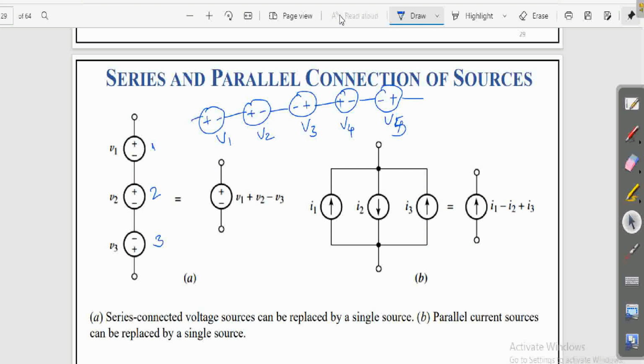Let us consider this as a reference. Write here V1. The first polarity is positive and the second is negative.